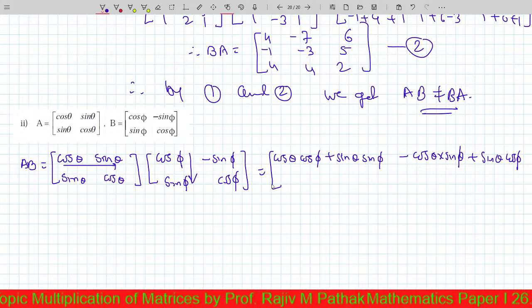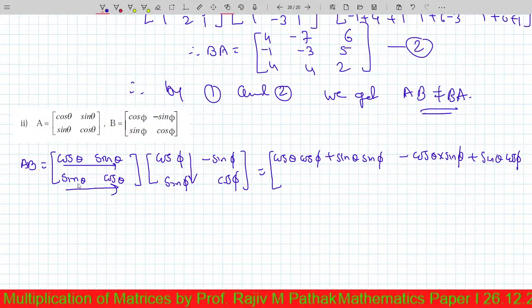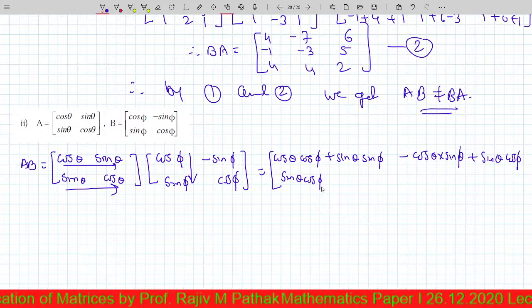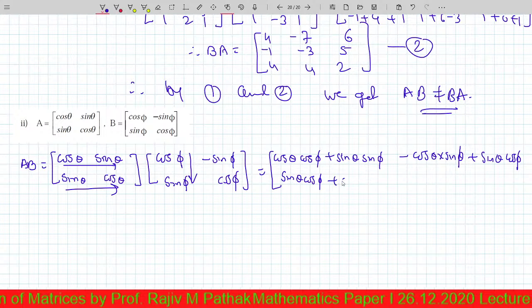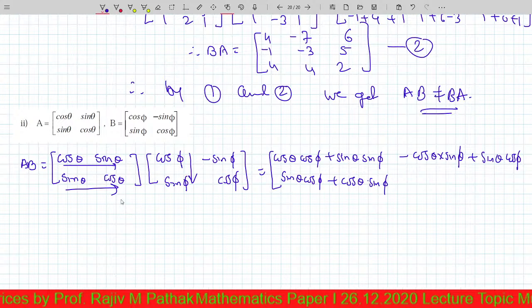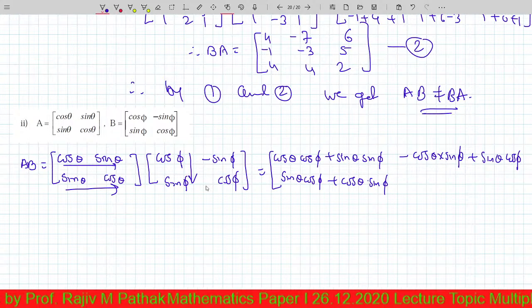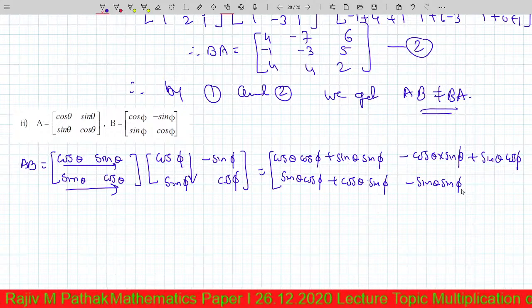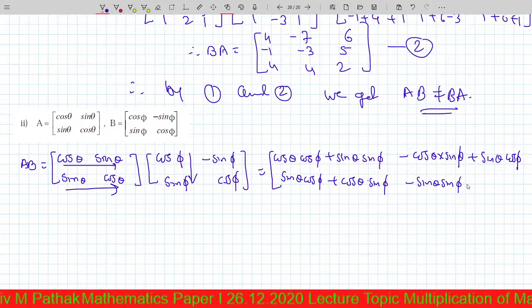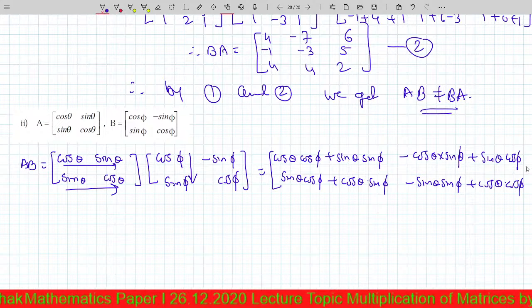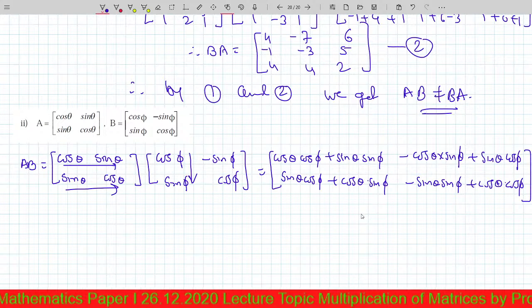Then come down because we are going to change the row, so sin theta into cos phi plus cos theta into sin phi. Then second row with second column, sin theta into minus, so that is minus sin theta into sin phi, then cos theta into cos phi. Then apply the formula.